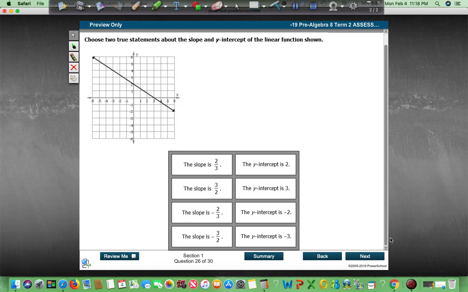The slope is 2 over 3. The slope is 3 over 2. The slope is negative 2 over 3. The slope is negative 3 over 2. The y-intercept is 2. The y-intercept is 3. The y-intercept is negative 2. The y-intercept is negative 3.